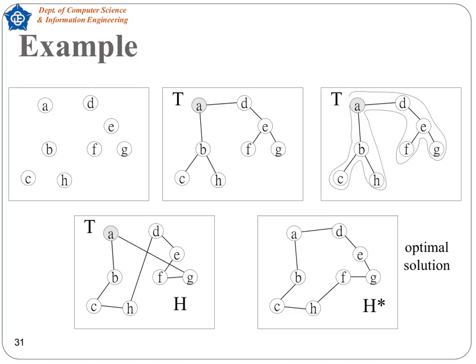Building on that, let's walk through a concrete example with 8 points labeled A through H. In the first panel, we start with the raw point set scattered across the plane. Next, we compute a minimum spanning tree T that links all the points with the smallest possible total length. In the third panel, we duplicate each edge of T to create an Eulerian tour, shown here by the gray loop that visits every vertex.